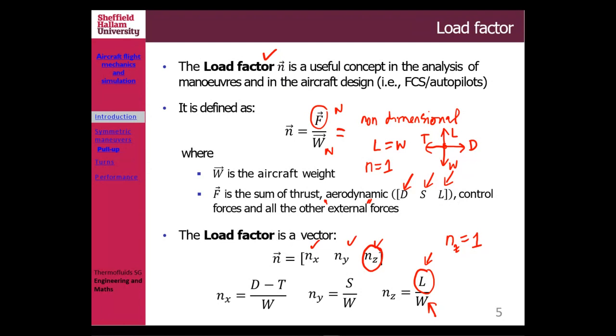Okay. Now, obviously, I said earlier that the flight envelope defines the operational limits for your aircraft with respect to maximum speed and load factor, given a particular atmospheric density.